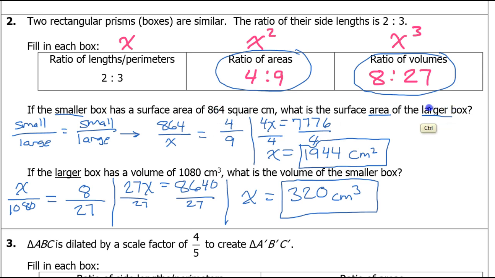The larger box had a surface area of 1,944. That makes sense because this is smaller, this is larger. If you wind up getting a smaller number, that's a hint that you did something wrong. And here, we're supposed to find the volume of the smaller box. So this is larger, this number is smaller, so it does make sense.